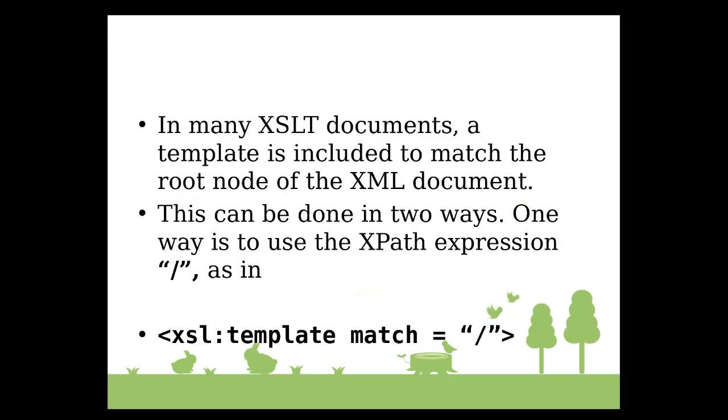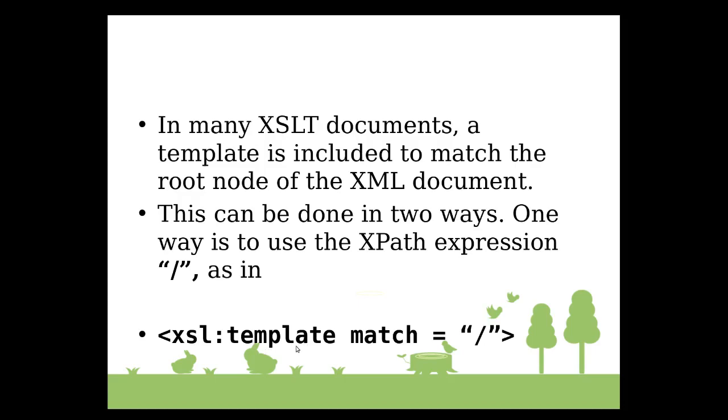In many XSLT documents, a template is included to match the root element of the XML document. So there must be a template for matching the root element of the XML document. This can be done in two ways. The first method is using the XPath expression /. An example is given here, xsl:template.